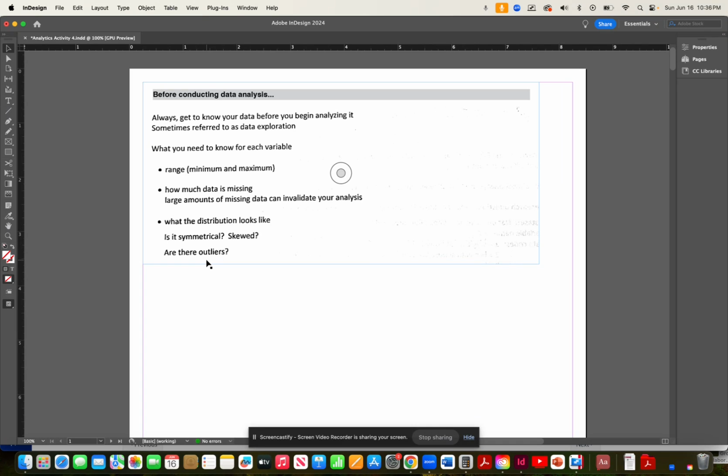And then the next thing we want to look at is how much data is missing. I'll tell you now, that's a pretty advanced concept as far as the techniques to deal with missing data. When it comes to the examples in this class, there might be a few missing data points, but it's not going to be the case where we have to do certain things. But there are techniques to deal with missing data.